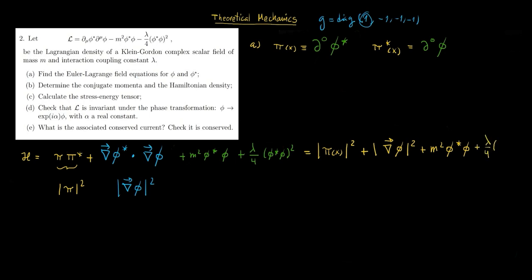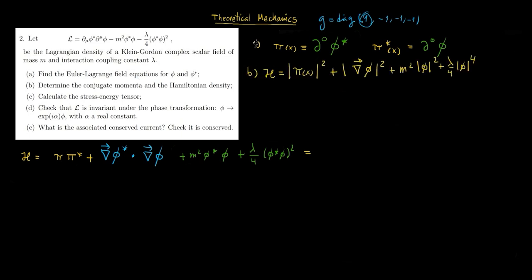And if you want, we can do the same thing here, modulus of phi squared plus lambda over 4 modulus of phi to the power of 4. So, okay, that's it. Let's write it down here. By the way, this is B.